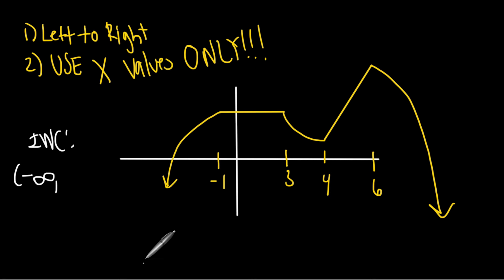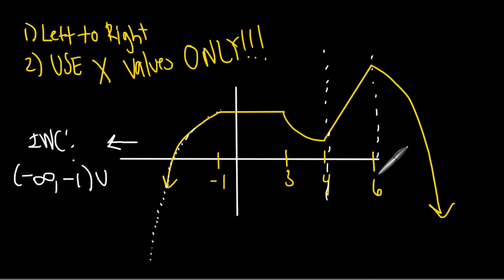It's not coming from negative infinity in the y direction, it's coming from negative infinity in the x direction, meaning as x starts from negative infinity and continues to increase, it increases until x gets to -1. Now, union, because it increases again between 4 and 6. Between these two x values, the function increases. So 4 and 6. And that's all.